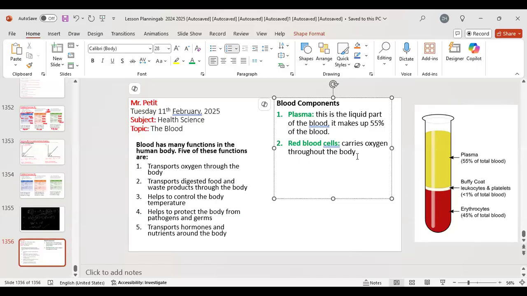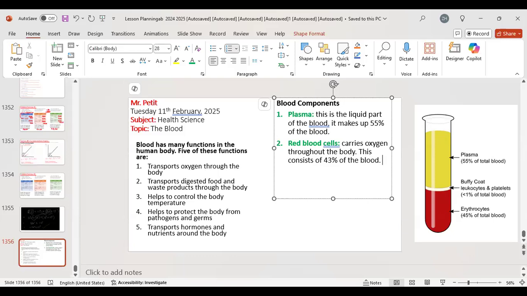It consists of, this one says 45%, but the book I'm using says 43%. That's a huge part.